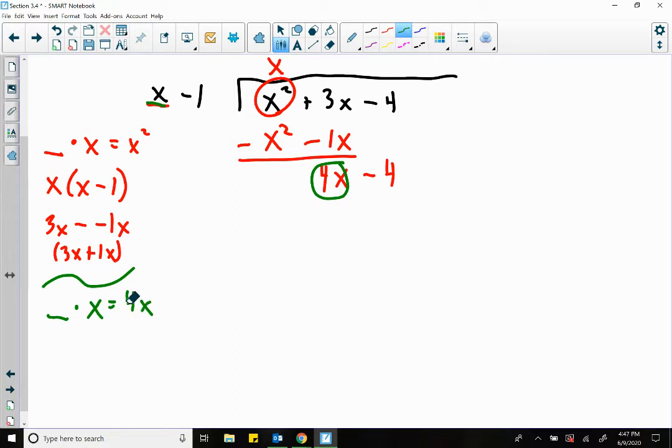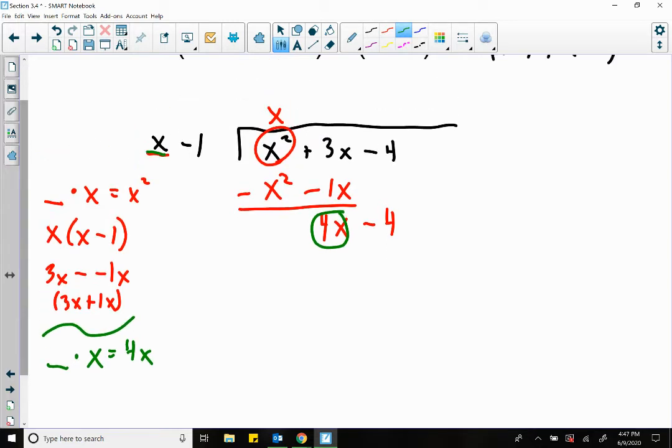So what times x equals 4x? Well, hopefully you realize that that is a 4. And now that we're putting it up here, because these are polynomials, is this a positive 4 or a negative 4? And you're like, it's positive. And I'm like, yes. So make sure that you show me it's positive. Put a plus sign there. They want that. Okay? So all we're going to do now is we're going to take this 4 and we're going to multiply the x minus 1.